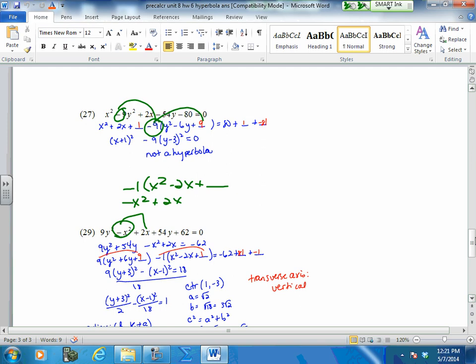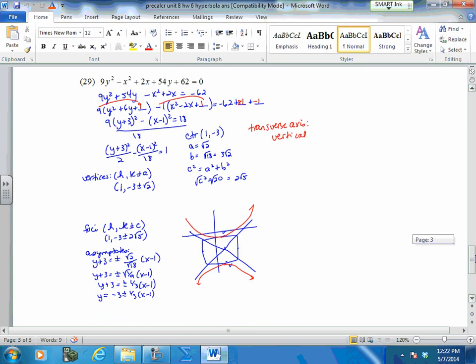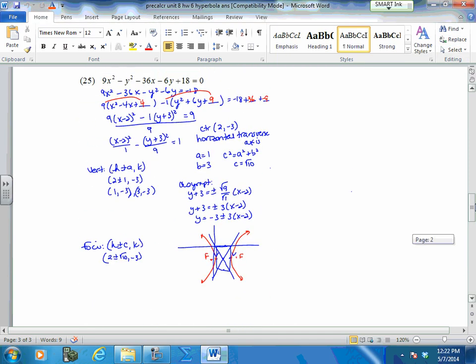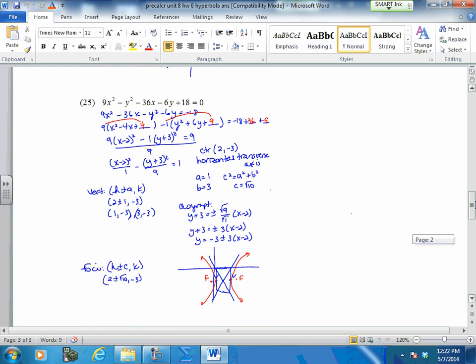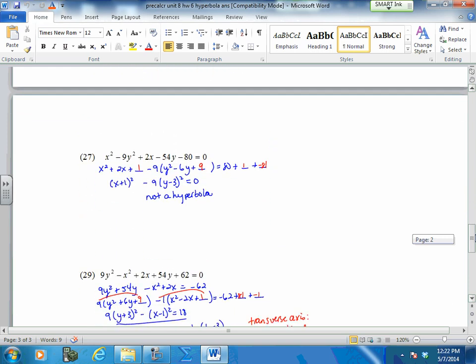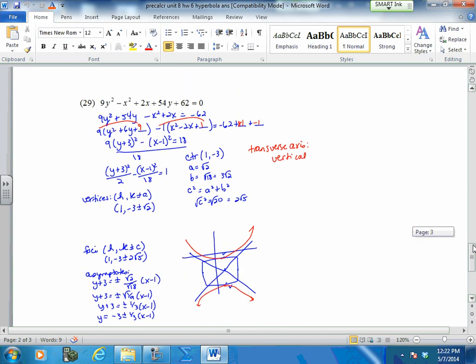And it ended up to be 0. Couldn't do it. I think the book might have had a misprint here. Maybe they meant this to be 81. I don't know. Maybe there was a misprint, but it's not doable.